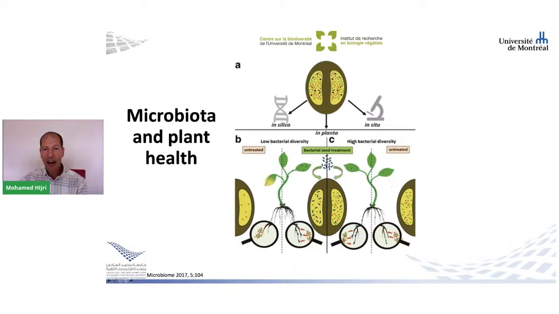When we have higher bacterial richness, as you can see here, the plants are doing well. So it's really a nice demonstration that microbiota, or the diversity of microbiota, is directly linked to the health of plants.